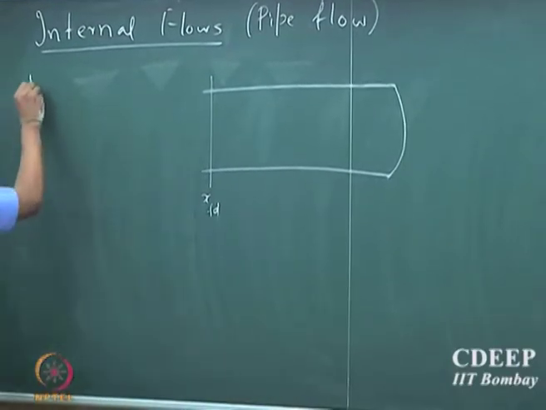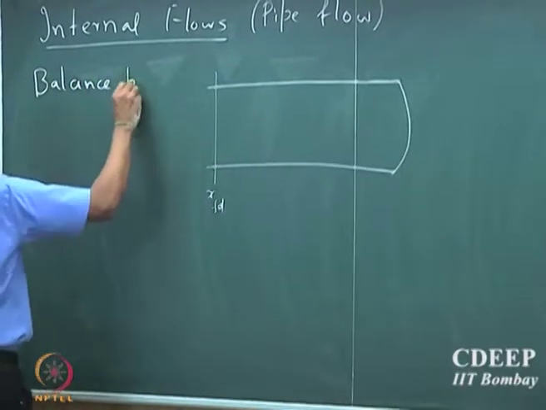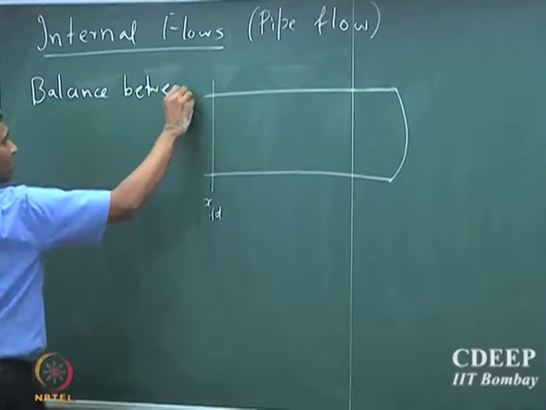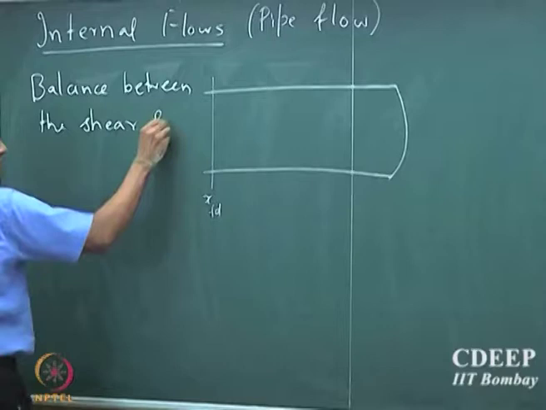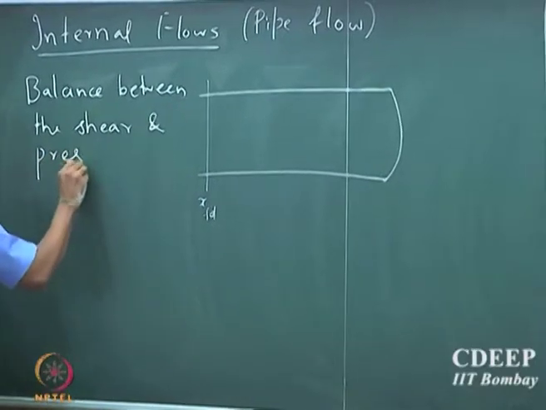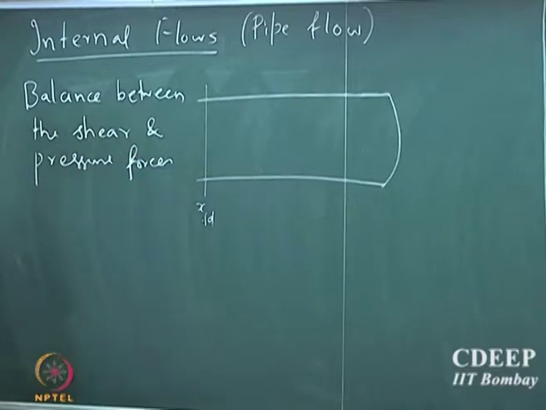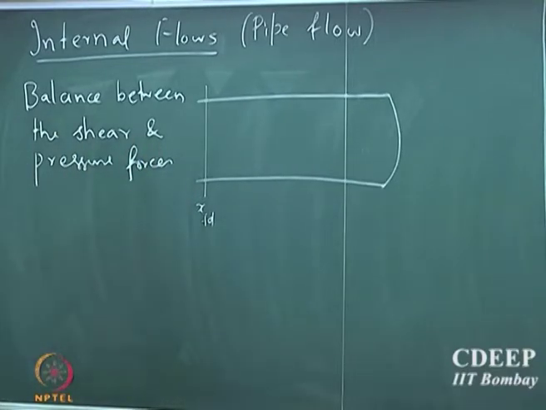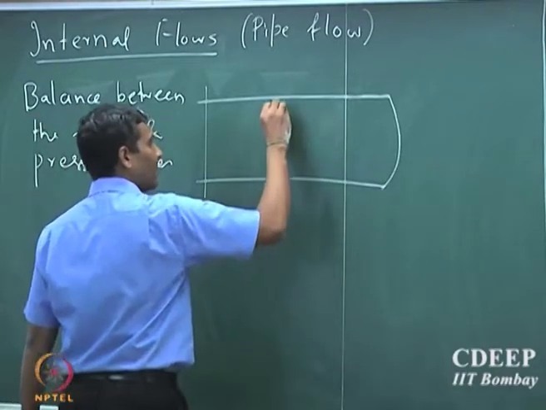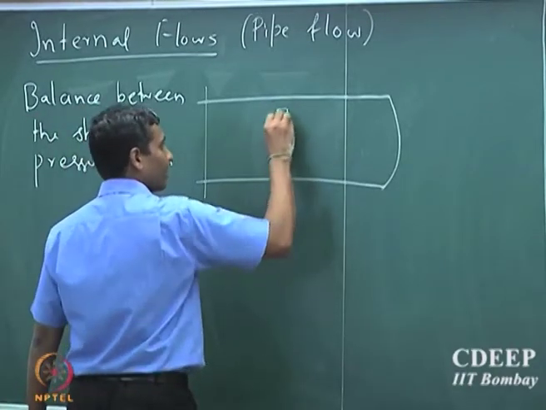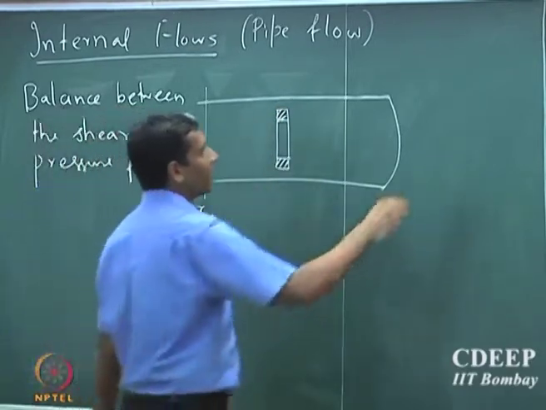So what we are going to do is make a balance between the shear and pressure force. Now if I take an annular shell, I will draw the cross section.